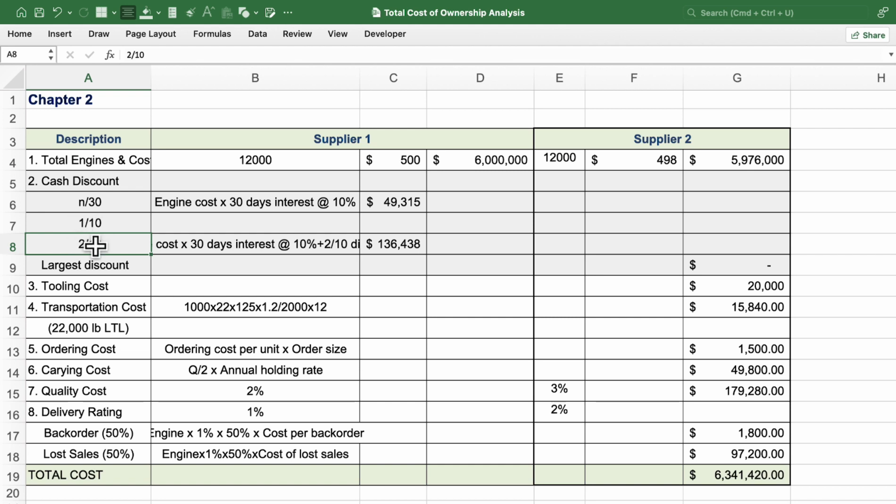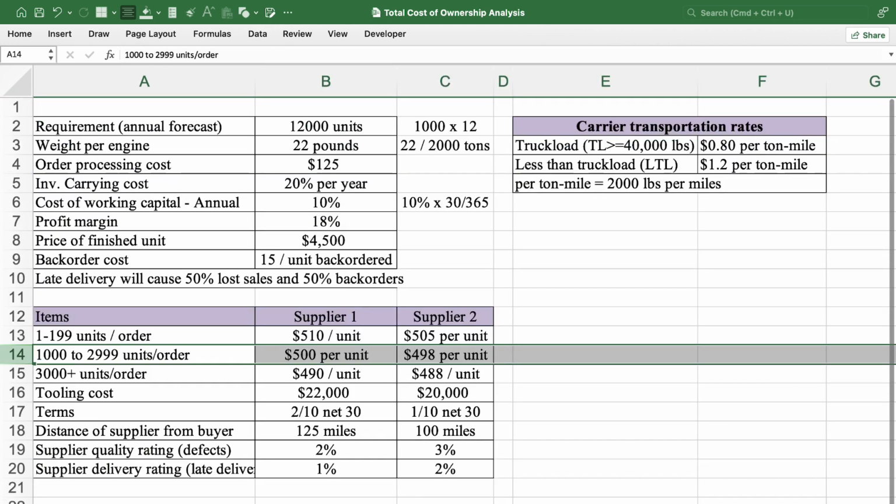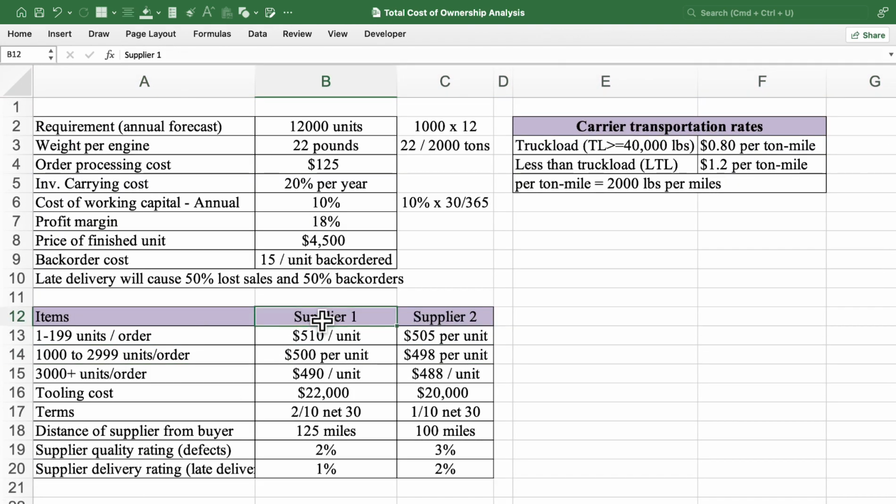And 2/10 is the payment scheme whereby when a buyer makes a payment within 10 days, they will be eligible for a discount of 2%. As we have already seen, supplier 1 offers 2% discount and supplier 2 offers 1% discount.